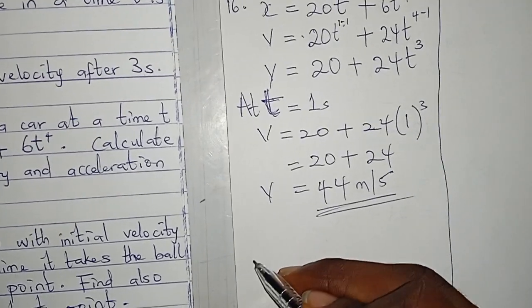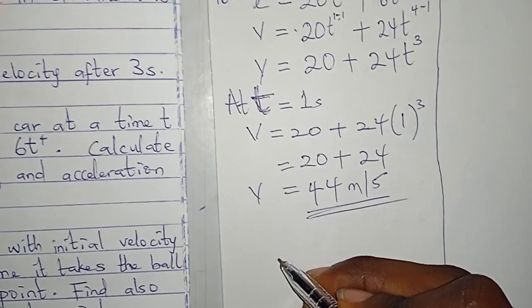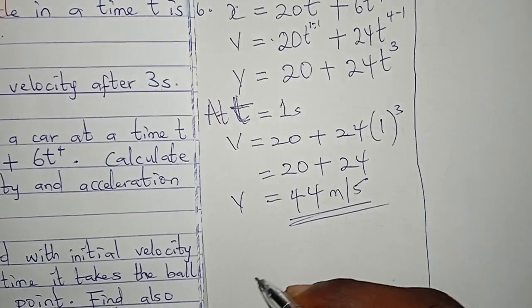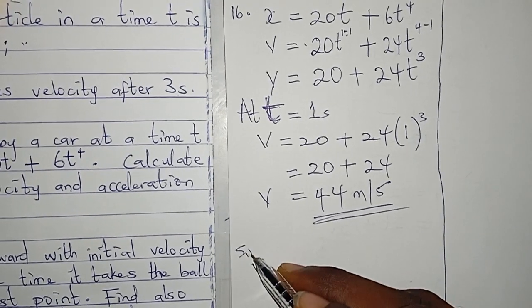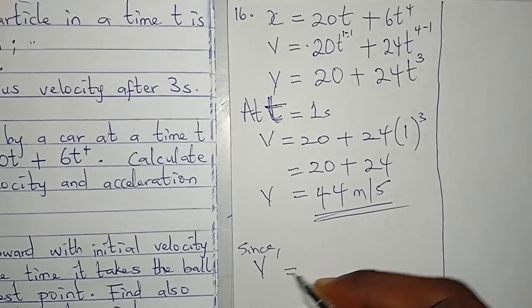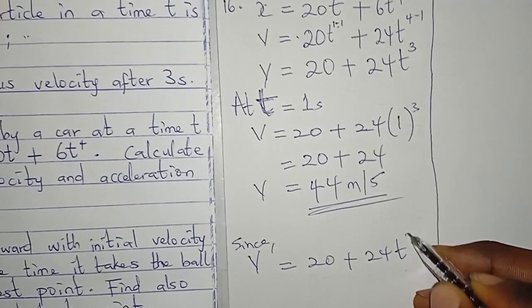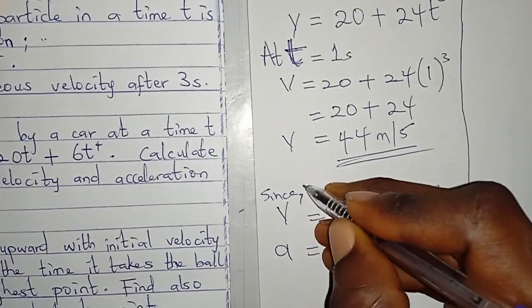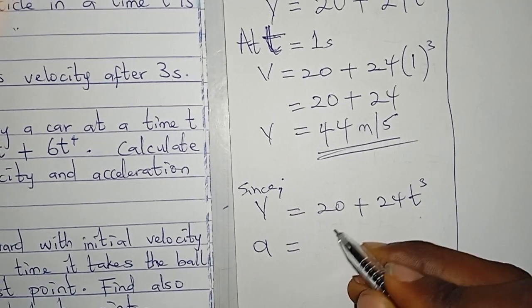So to get acceleration, simply differentiate distance 2 times, or you just differentiate the velocity. So since v equals 20 plus 24t cube, acceleration will simply be differentiating: the constant is 0.